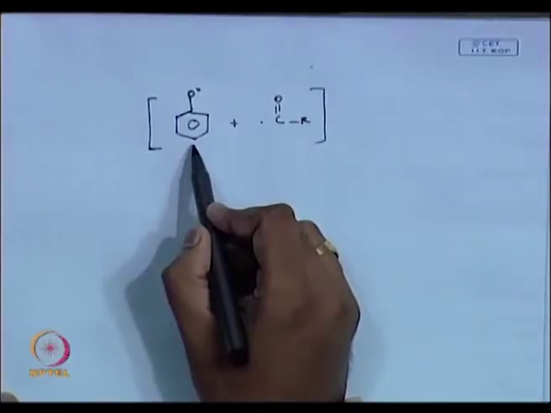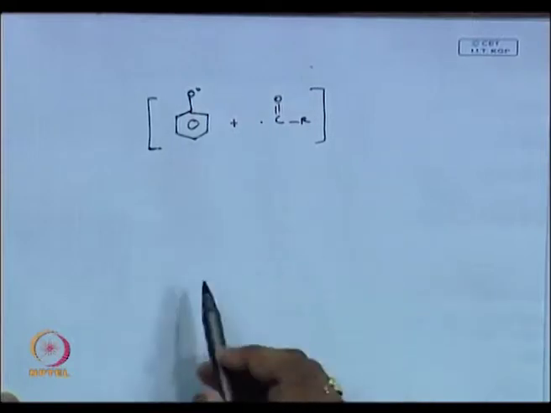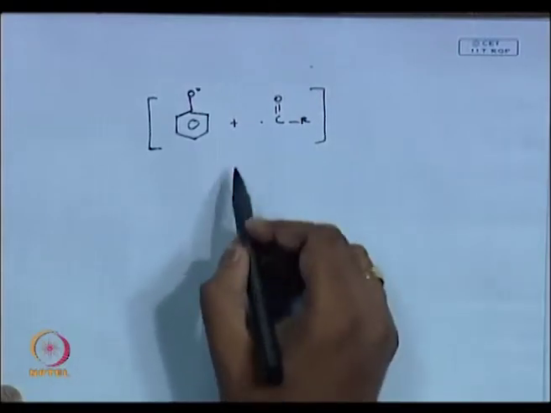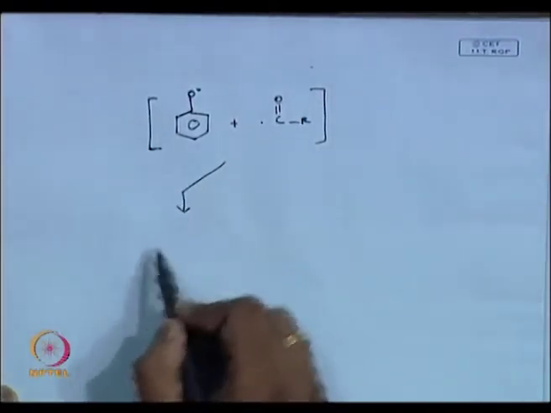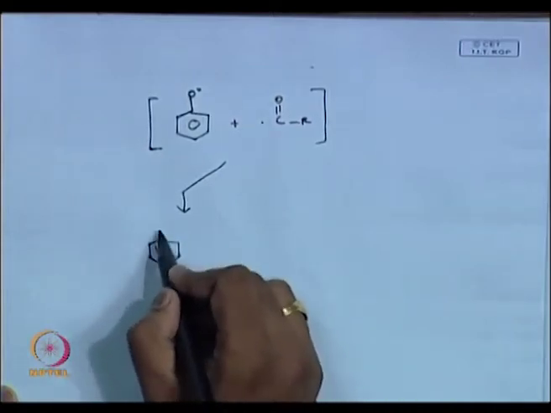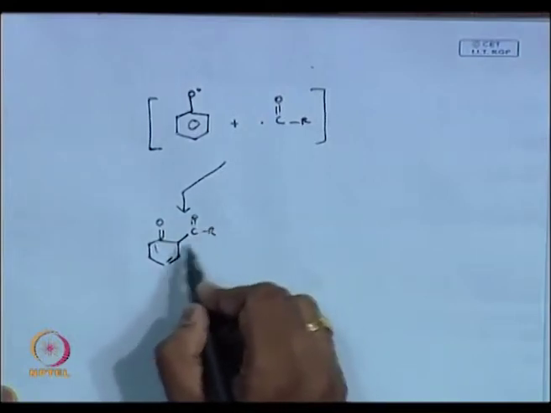It does not need to recombine there. It recombines here. It can also recombine at your para position. But if it escapes, then what happens? You get your phenoxy radical, which can abstract hydrogen from the solvent to give you phenol. Fine. That is how you get it.